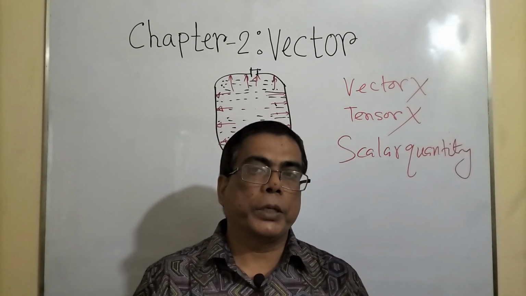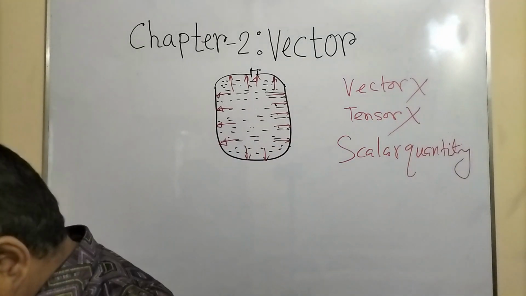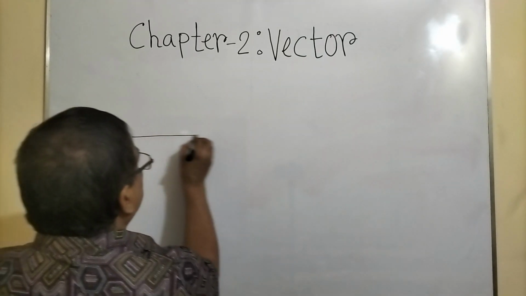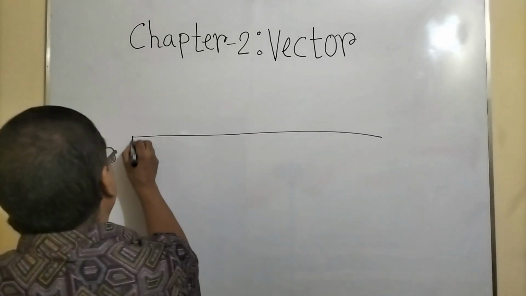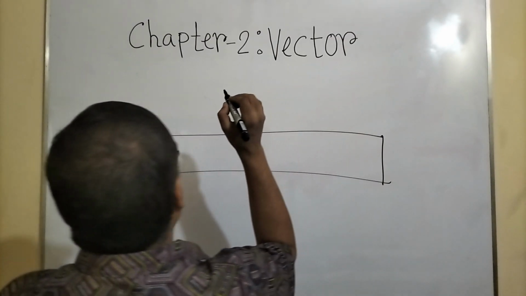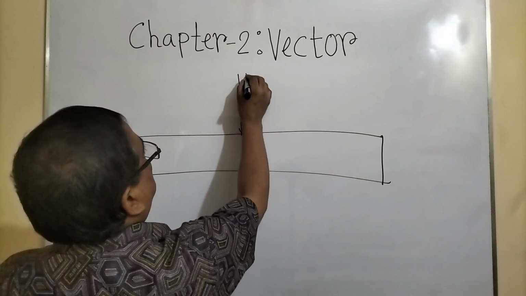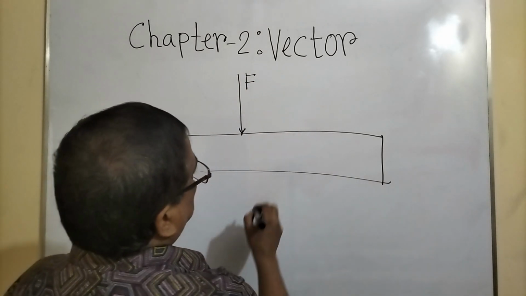Now we see when pressure is a tensor quantity. Suppose this is a solid substance or a solid plane. Force F is acting on it.